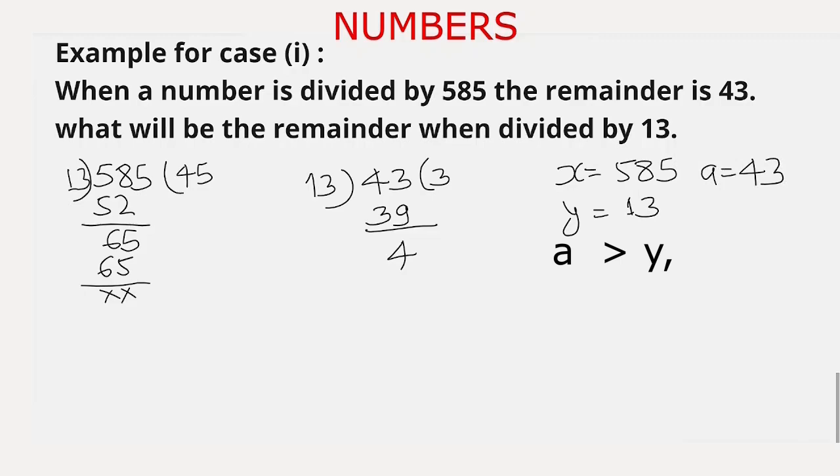Hope you have understood the tip for finding the remainder when the dividend is not given and two divisors x and y are dividing the unknown dividend, where x is a multiple of y. We go to the next example for case 2.